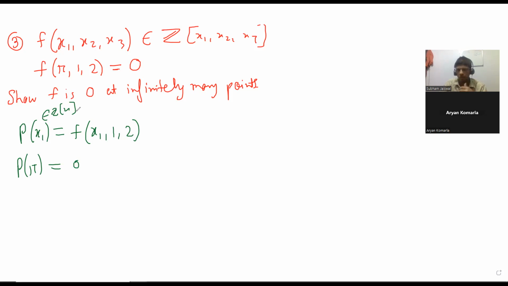So we are in fact getting that all x1 belonging to R are roots. It's not just infinitely many, it's the whole of R in some sense. So yes, it's a very easy question.